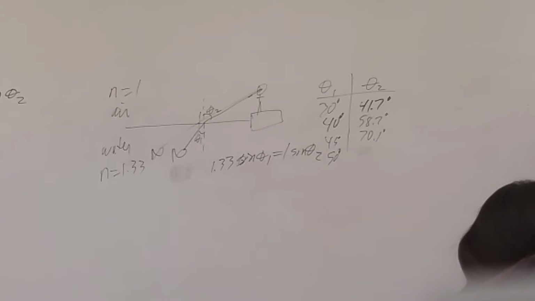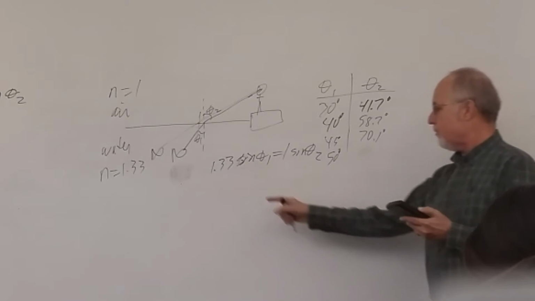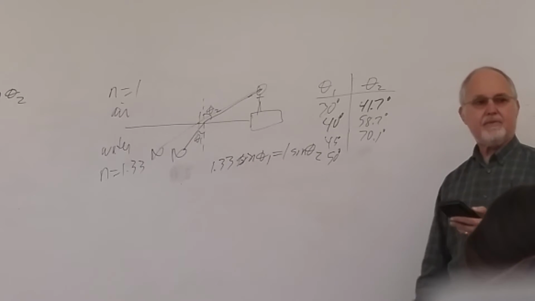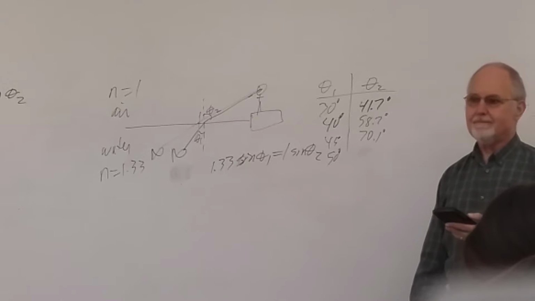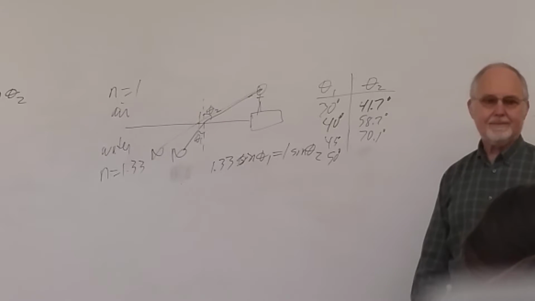And unless you have a calculator that will give you complex number answers, what you're going to get is an error message of some sort. So do the arc sine of 1.33 times the sine of 50 on your calculator. What does that give you?